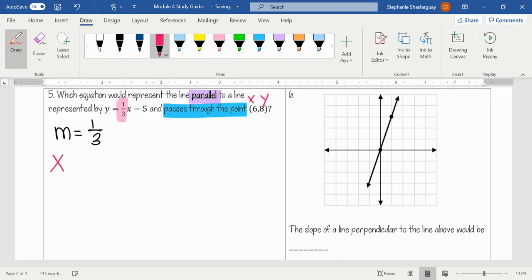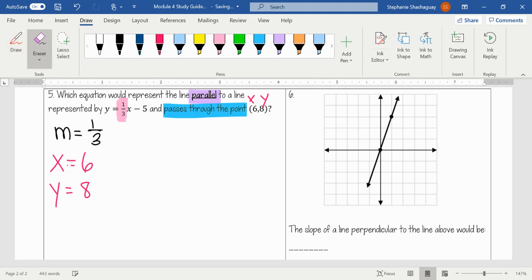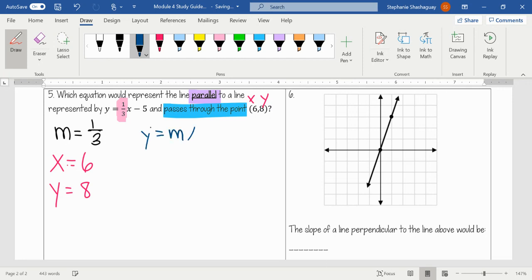So once I have an m and I have an x of 6 and a y of 8, now I can plug it into my formula y equals mx plus b. Sorry, my pen's not working great today.